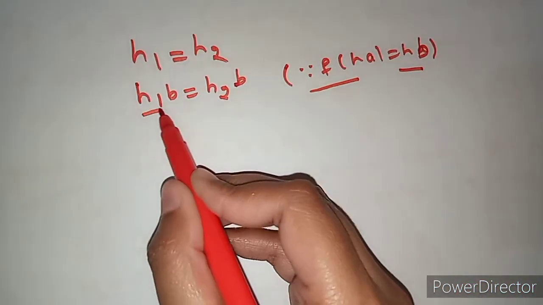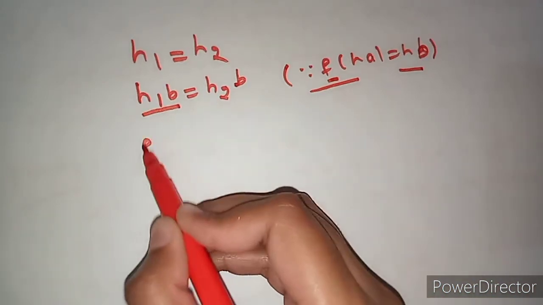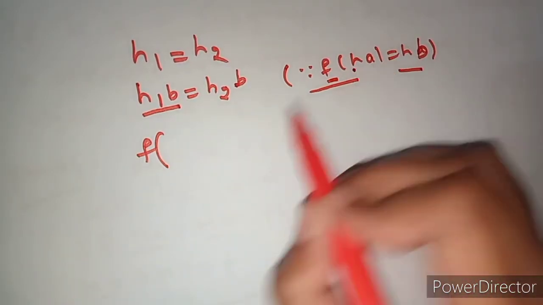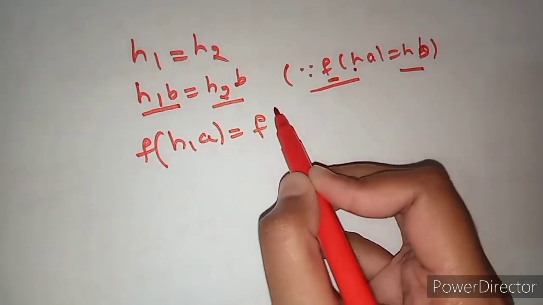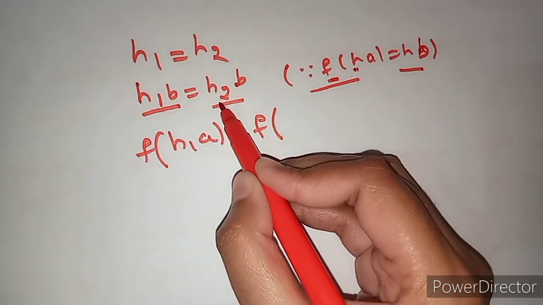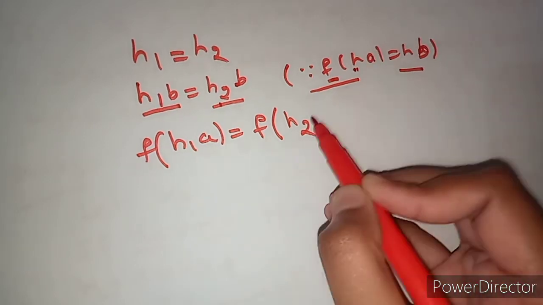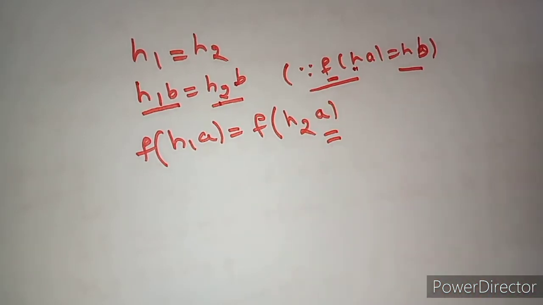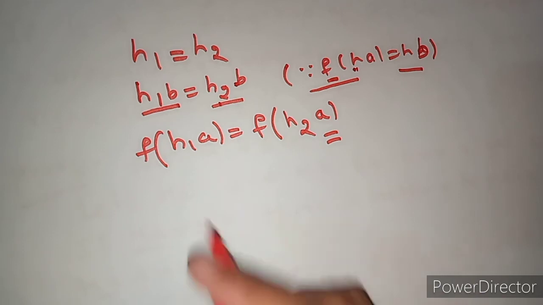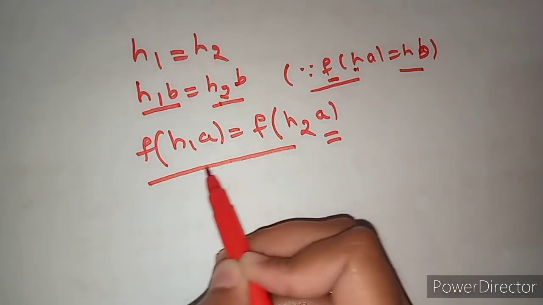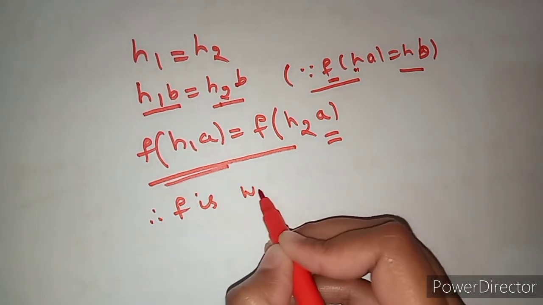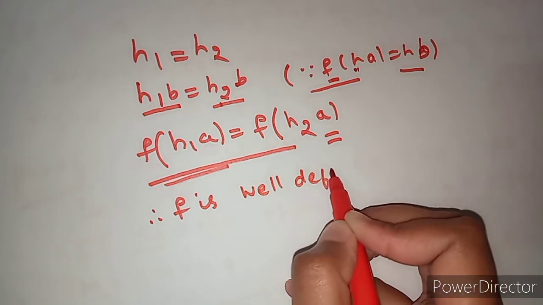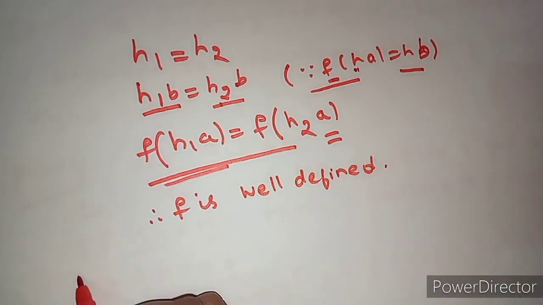We know that f of ha is equal to hb. So here h1b is equal to f of, in place of h substitute h1, h1a, likewise f of, in place of h we have h2, so h2a as it is. I have taken that elements are common and I have got images are also common. Therefore, f is well defined.